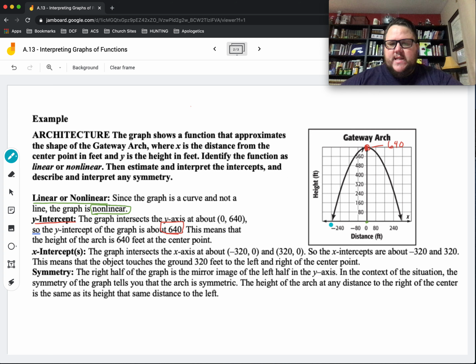If you notice, the graph intercepts the x-axis here and here, which means there are two x-intercepts. Each of these boxes is going by 80 as well. So 80, 160, 240, that would be 320, negative 320, and positive 320.